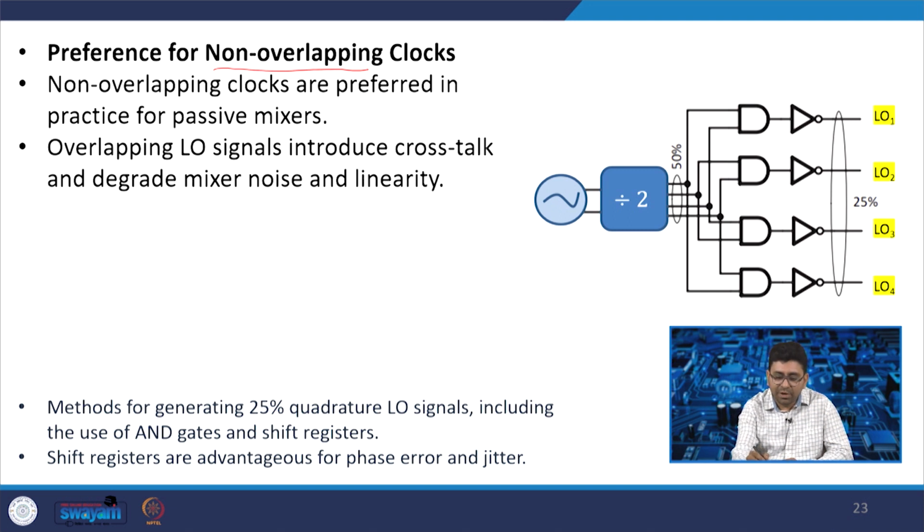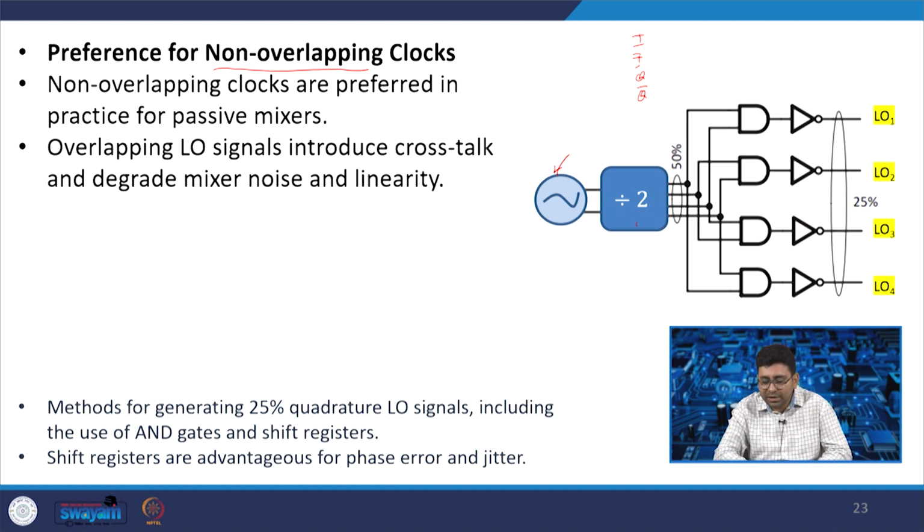If you have an LO signal, there is a divide by 2 counter divider, and that divider will generate the 4 phases, that is I, I bar, Q, Q bar, and that is a 50% duty cycle. Now, we are interested in generating a 25% duty cycle.